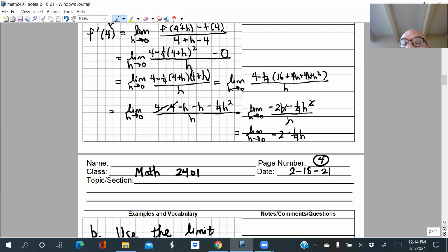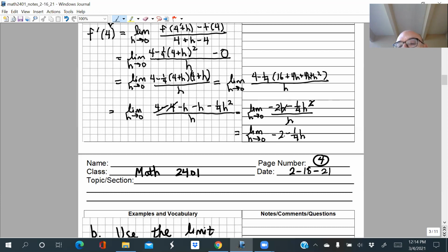Look, here's what I'm thinking. I'm going to use my intuition here. What's going to happen to this quantity, minus 2 minus 1/4 times h, as h gets really close to 0? As h gets smaller and smaller, in fact, we can think of h as being infinitesimally small, not exactly 0, but very close to 0.